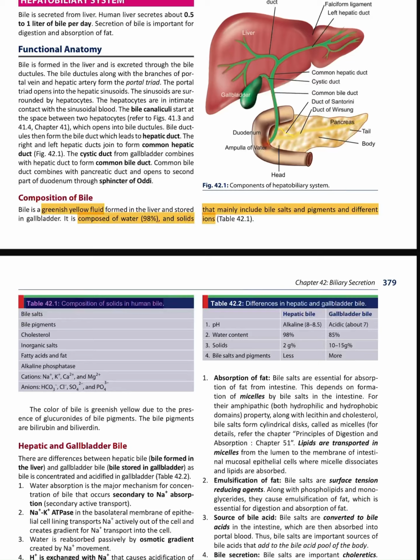So these are the ingredients present in human bile.